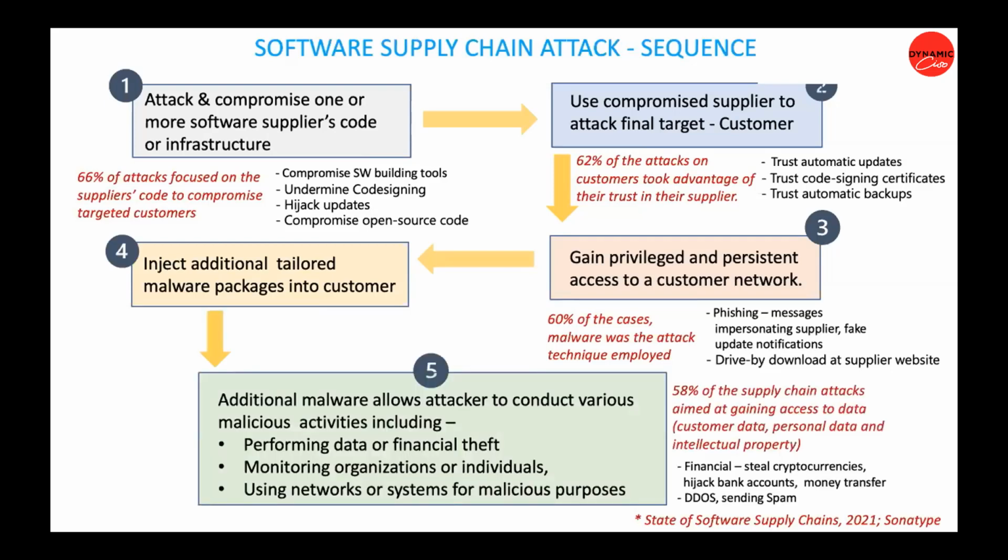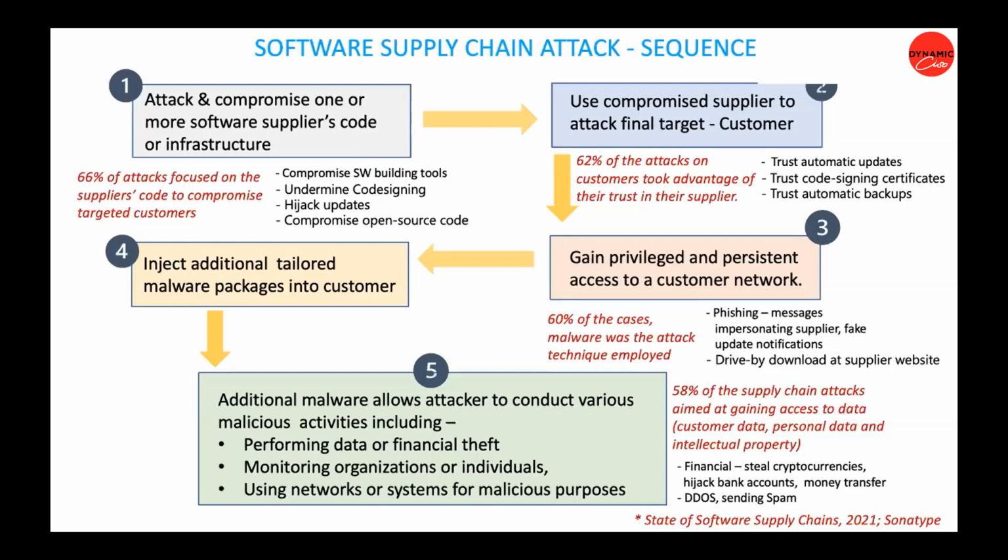And then finally, right, the attacker gets right down to the assets and the resources of the customer, and they can do a lot of things. Data theft, financial theft, monitoring. 58% of the supply chain attacks, software supply attacks, aimed at gaining access to data, customer data, personal data, intellectual property.